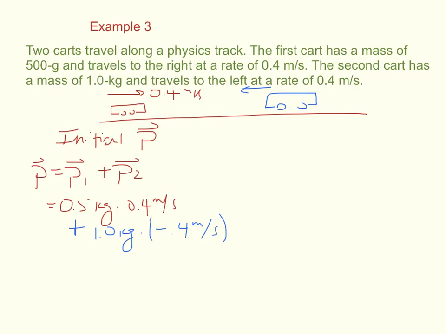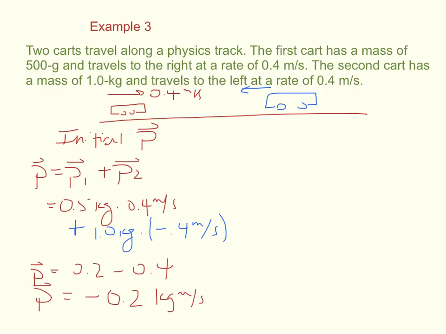And so the total momentum will be 0.2, I lied, 0.2, minus 0.4. So the total momentum is 0.2 minus 0.4, or negative 0.2 kilogram meters per second.